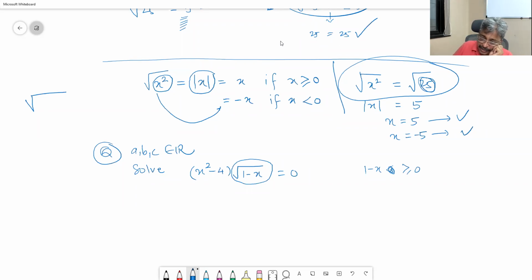That means x must be smaller than or equal to 1, and therefore x is equal to 2 is a wrong solution. Why? Because it makes 1 minus x negative. Therefore the solution set for this problem is 1 comma minus 2.